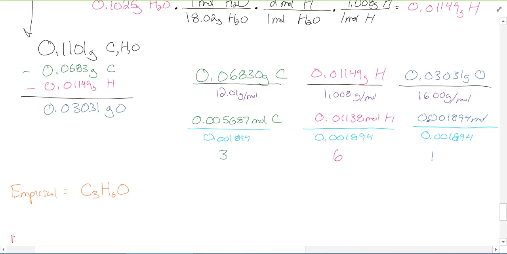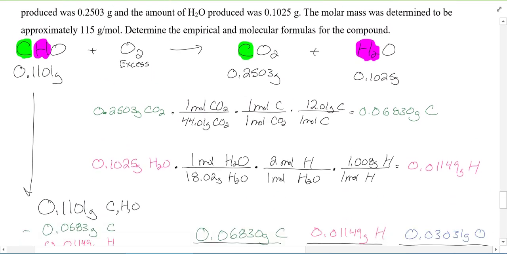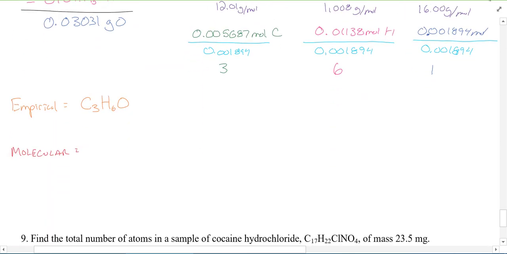The molecular weight happens to be, is it 115? Well, how much does my empirical weigh? 12 times 3 is 36, plus 6 is 42, plus 16 is 58.